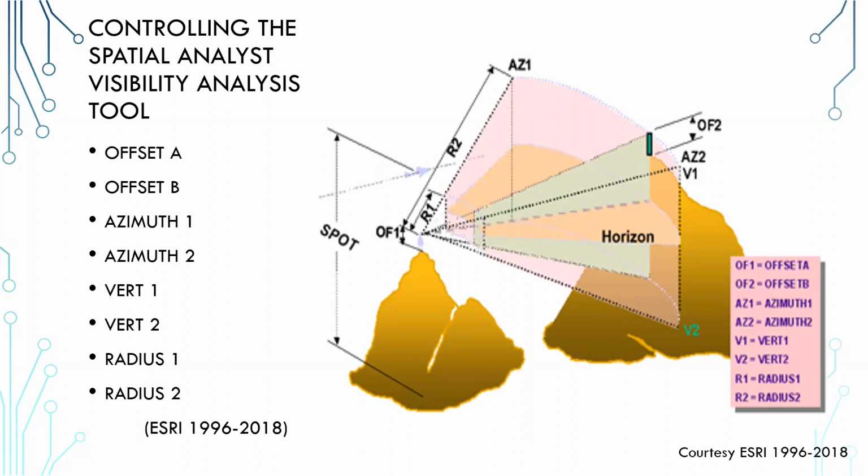The direction of the viewshed is within the cone looking to the right, and you can control how much to offset the observation point, for example, the height of a tower, the direction to look, and how high and low to look from the horizon. It also depicts the functions and attribution features to create an understanding of the tool capacity and functionality.